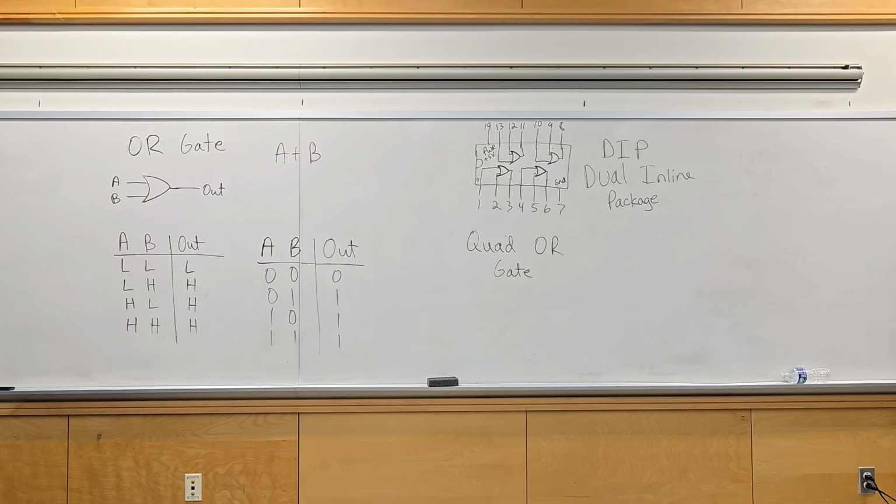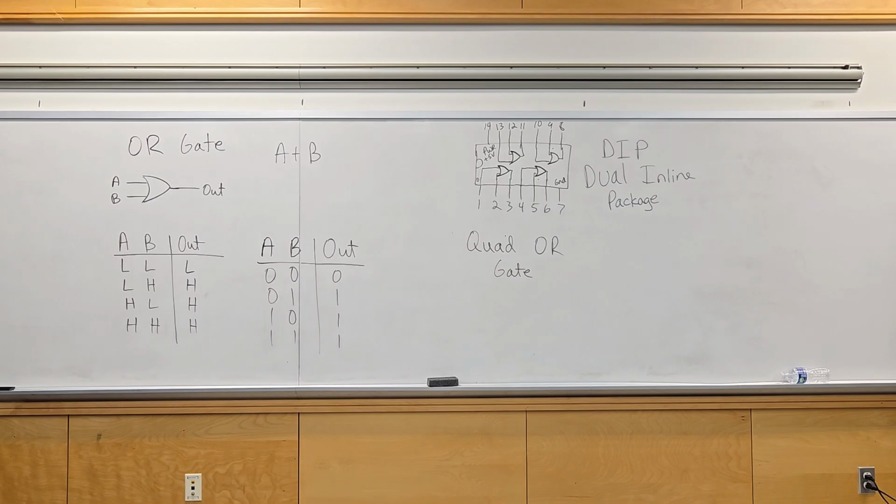This is all Boolean logic. Boolean meaning high or low, 1 or 0. I want to say it was invented or first characterized by a gentleman by the name of Boole, George Boole, I think. I have to look that one up.